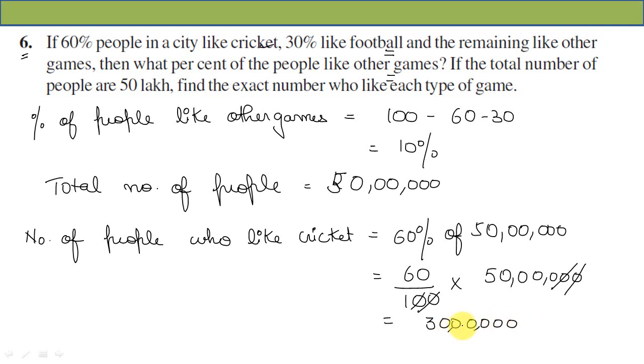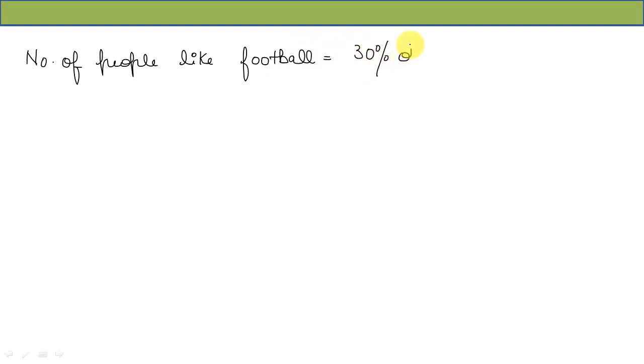Now we need to find out the number of people who like football, right? Which is 30% of the total, which means 50 lakh people. This can be written as 30 upon 100 into 50 lakhs.